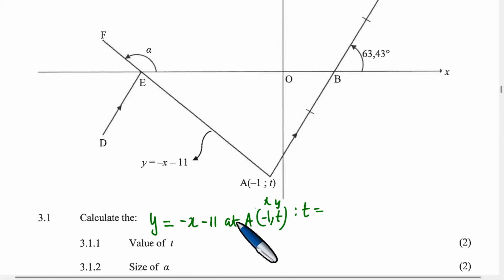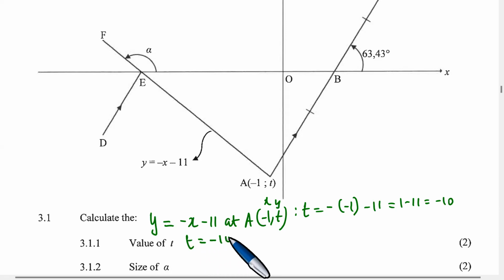Then the x is minus 1. So you have t = -(-1) - 11. What is the answer to this? If you multiply negative by negative, it's plus, so that is 1 - 11, and that is -10. So clearly, t is -10, and we are done there.